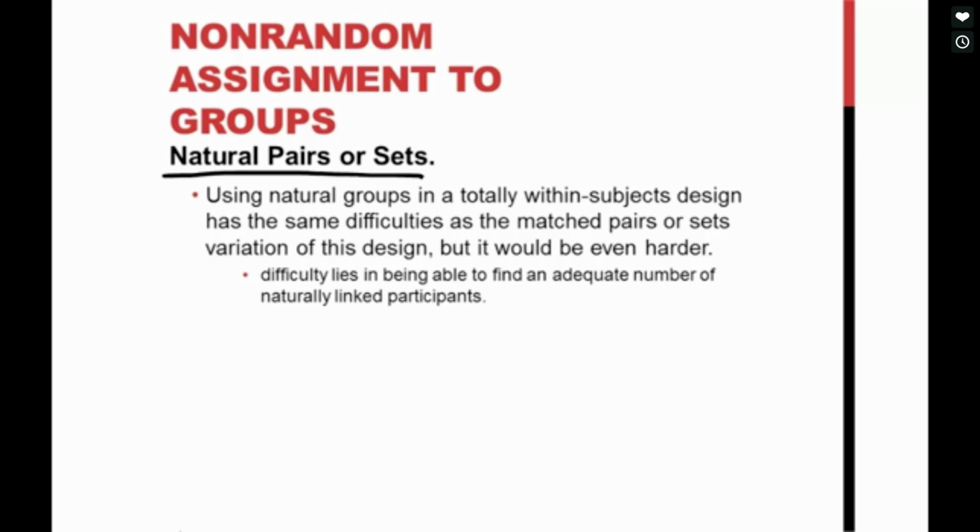And we call this a non-random assignment to groups because you are essentially putting the same genetic person into both groups, even though it's obviously two different people. The problem with this is that it becomes harder to find an adequate number of naturally linked participants. This is most commonly used within lab studies where we can control genetic diversity within litter mates or pup mates.